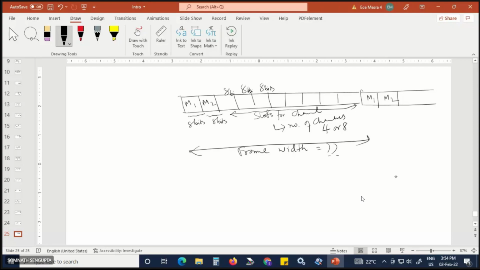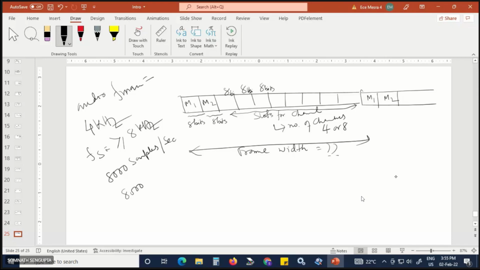Now suppose you transmit a 4 kilohertz audio signal. If the maximum frequency is 4 kilohertz, then the sampling frequency is greater than or equal to 8 kilohertz. That means 8,000 samples per second are transmitted, or 8,000 frames per second.